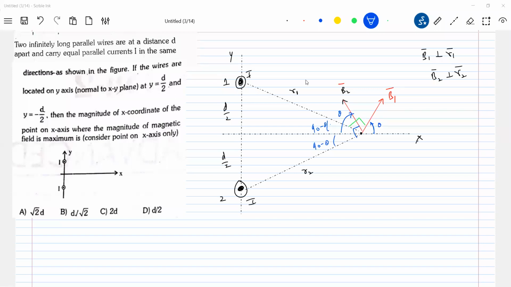What is DL bar? DL bar will be into the plane. No, it's a long wire. The wires are aligned parallel to the Z axis. You kept current coming out of the page.